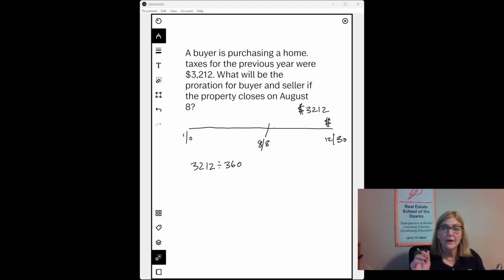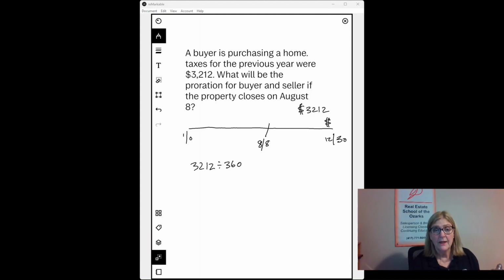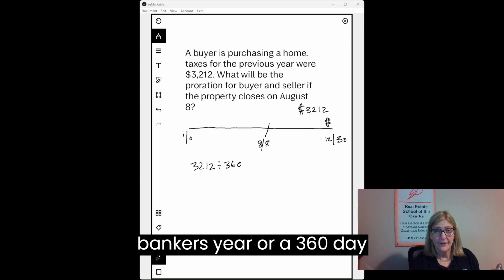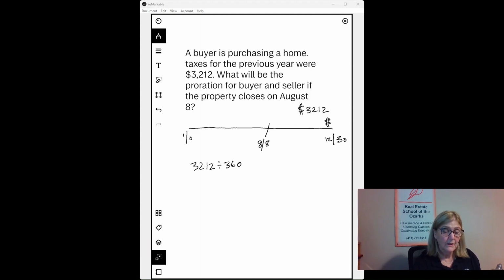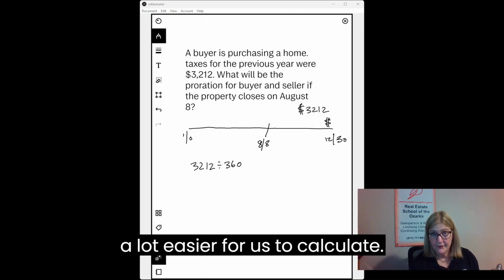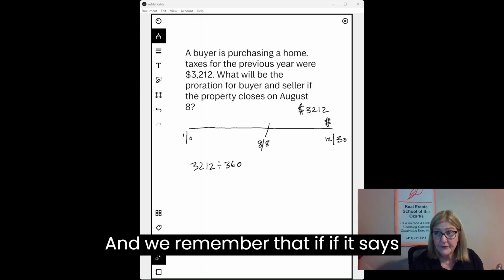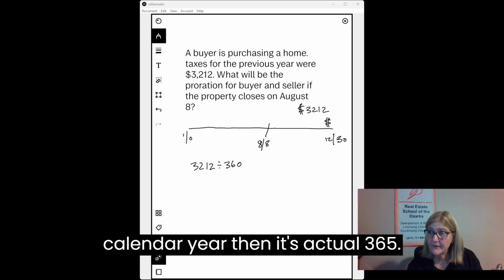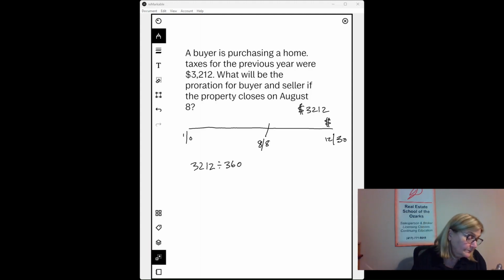Because, unless it says otherwise in the question, we base this on a banker's year or a 360-day year, where every month is 30 days, and the year has 360 days. It's just a lot easier for us to calculate. And we remember that if it says calendar year, then it's actual 365. So February has 28 days, and March has 31 days.